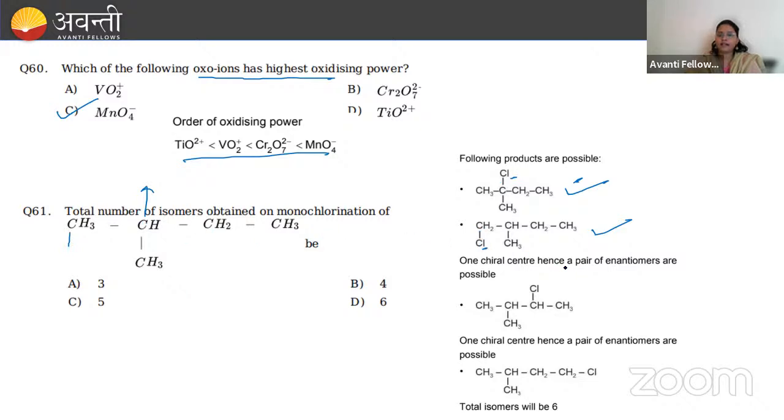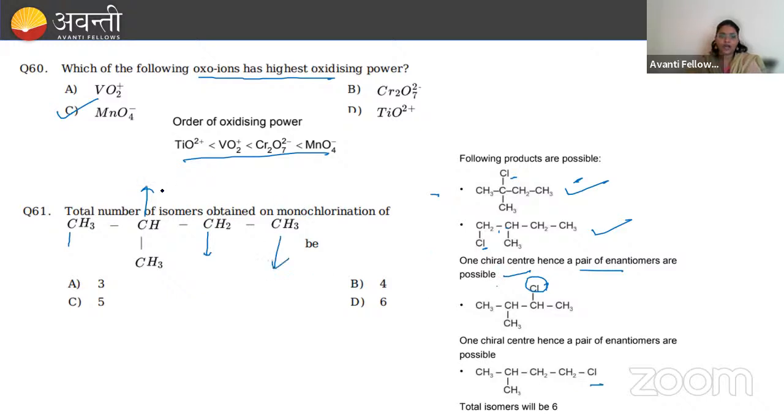One chiral center, hence a pair of enantiomers is possible. Which carbon is chiral here? 1, 2, 3, 4. So see here, one chiral center, hence a pair of enantiomers is possible. Here the chlorine is attached at this position. In the last one, I attached chlorine here.